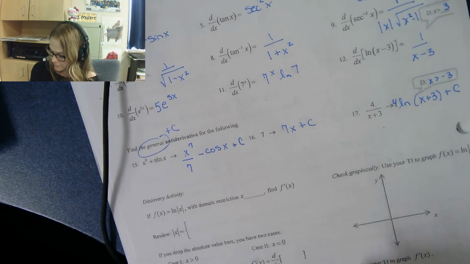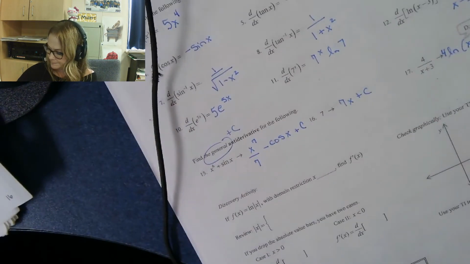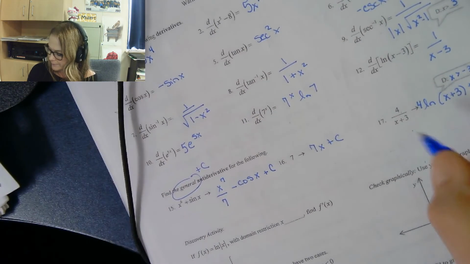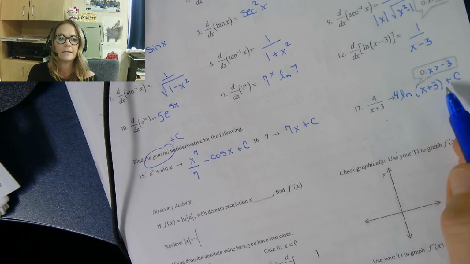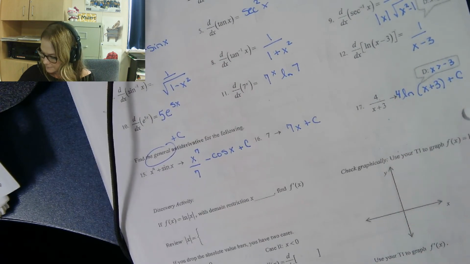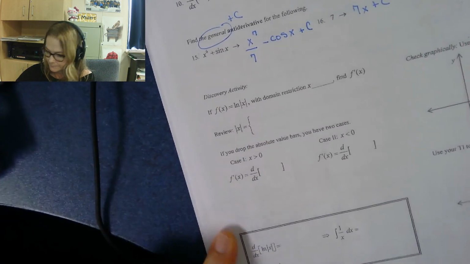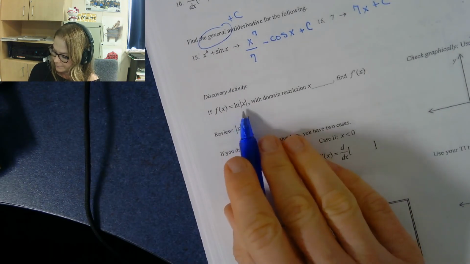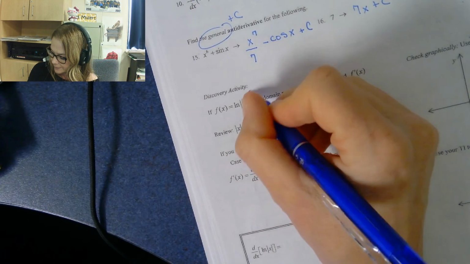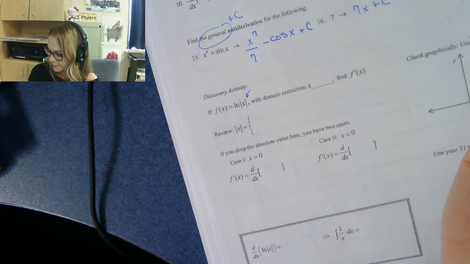So we're kind of learning about this ln of x. And we're going to formalize that here on the bottom, but maybe I'll come back to 17. Let's leave it as this right now. All right. So little discovery activity. Okay. So if you have f equal to ln of the absolute value of x, so this has to be positive, right, behind the ln.